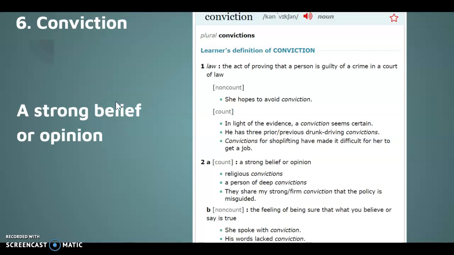If you have religious convictions, then you strongly believe what you believe about that religious aspect, or deep personal convictions, a strong belief about what's right or wrong. It can also be used to speak with conviction, which means you're speaking with confidence that you really believe that what you're saying is true.